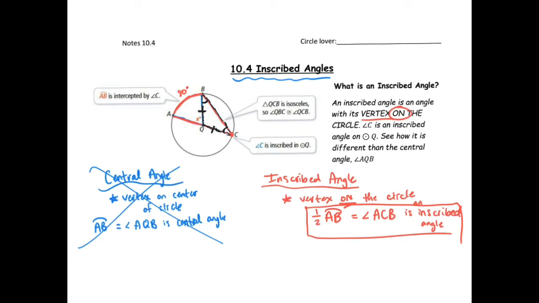Now something else we learned about triangles back in the day is that this exterior angle here is going to be equal to the sum of the remote interiors. Remote interiors would be this angle here and this angle here. So I know that angle AQB, that exterior angle, is going to be equal to the sum of angle QCB and this angle B here, which would be QBC.